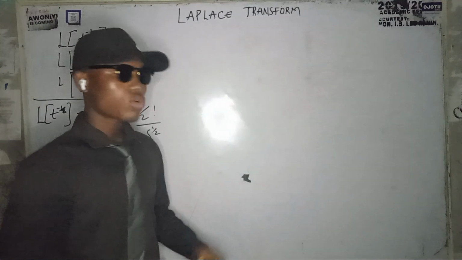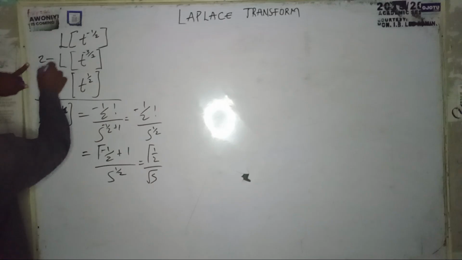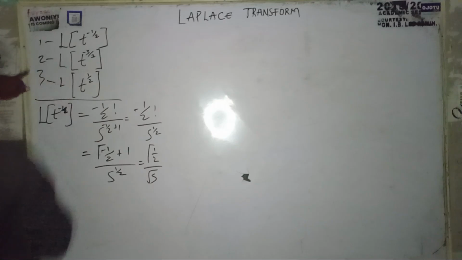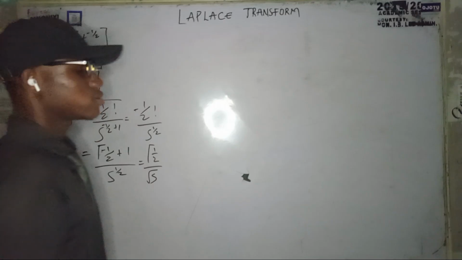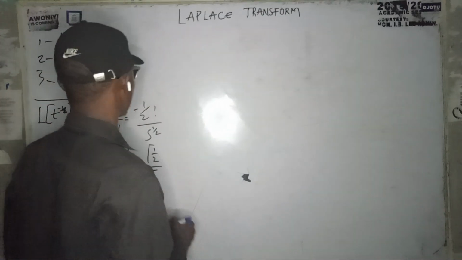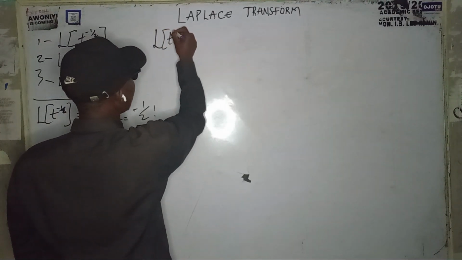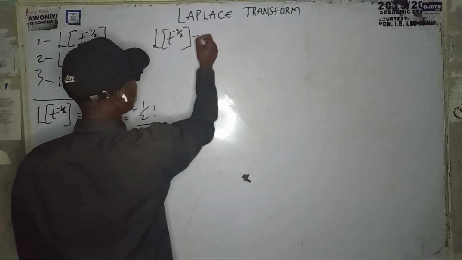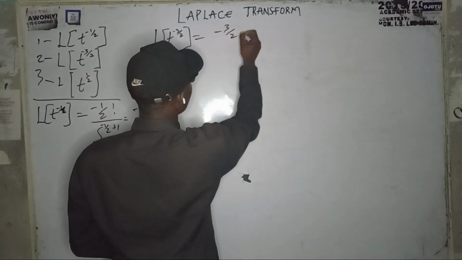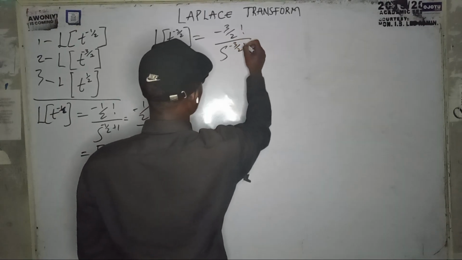Now, let me deal with more complicated questions. For example, the second question here: the Laplace transform of t raised to power minus 3 over 2. The Laplace transform of t raised to power minus 3 over 2 is equals to minus 3 over 2 factorial over s raised to power minus 3 over 2 plus 1.